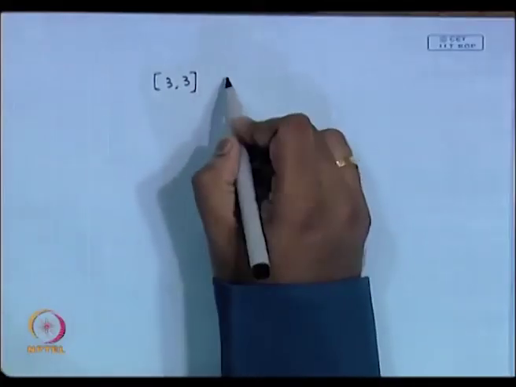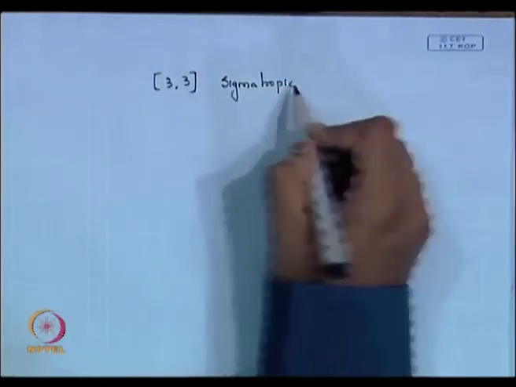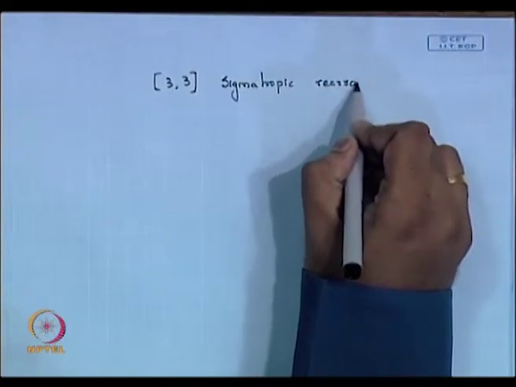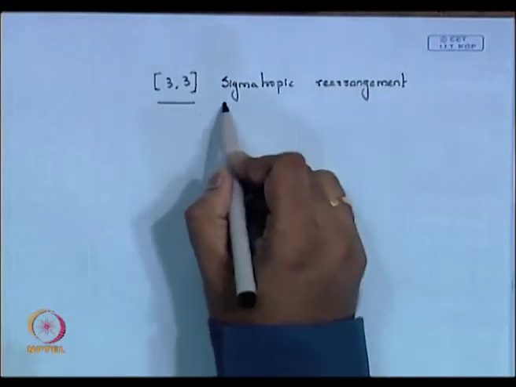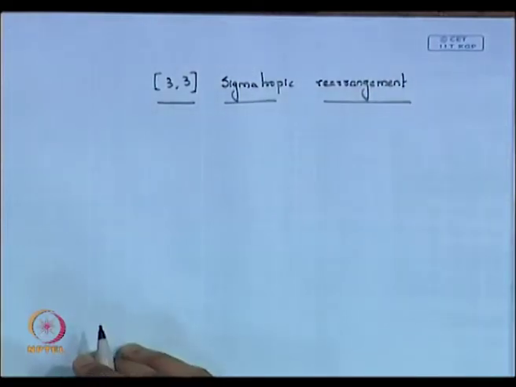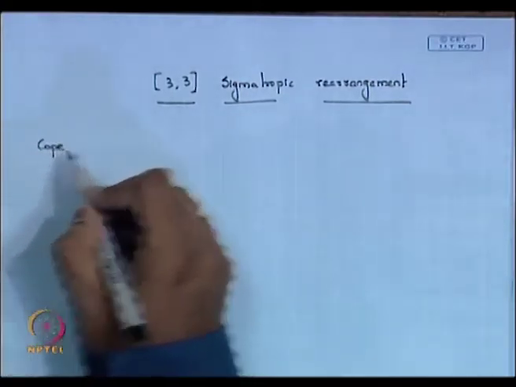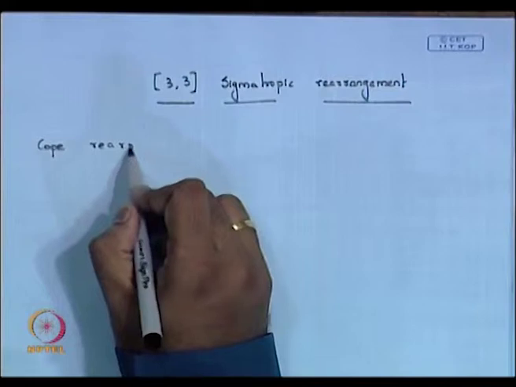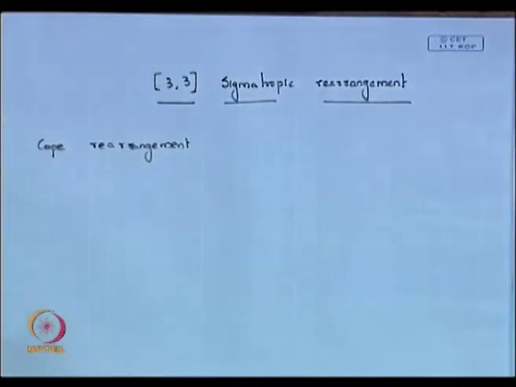Now, we will slowly get into your 3,3 sigmatropic rearrangements. There you have studied a lot, 3,3. So, your famous one is your Cope. Cope, you have not forgotten, right?